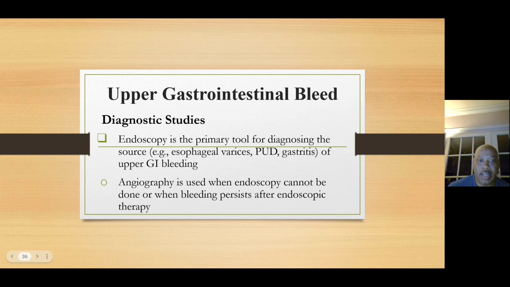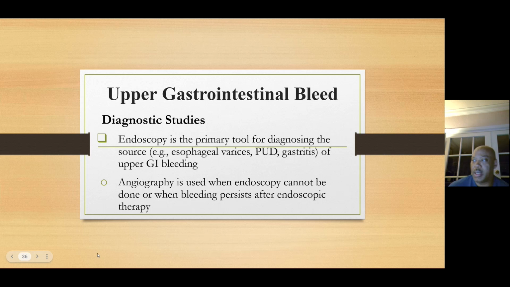All right. Now, these are some of the diagnostic tests that you should be aware of. The endoscopy is the primary tool for diagnosing the source of bleeding, be that esophageal varices, peptic ulcer disease, or gastritis of the upper GI bleeding. There's also angiography, which is used when the endoscopy cannot be done or when bleeding persists after endoscopic therapy.